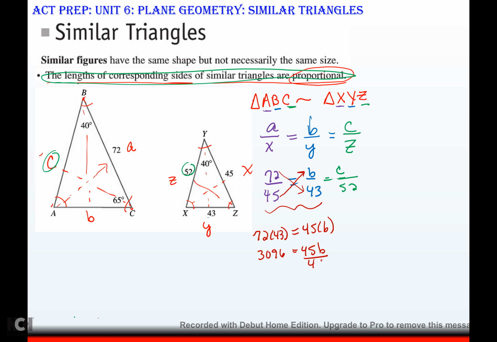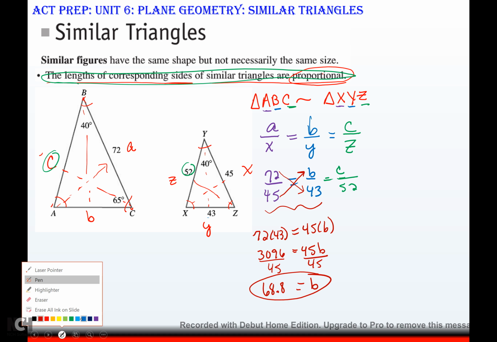So to get b alone, I'm going to divide by 45, and I get b equals 68.8. Okay, now I've got to figure out c. You have two choices. If I try to just use the last two ratios and cross multiply right now, I have two letters I don't know, so that's not going to work.